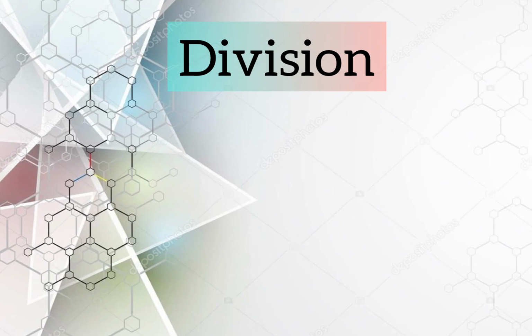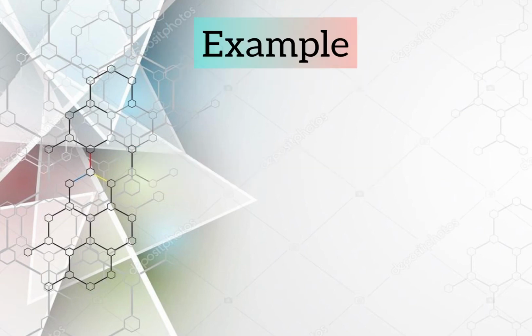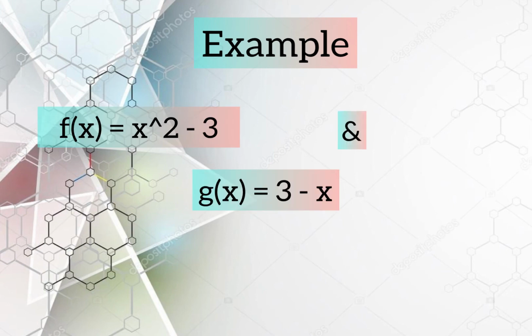Finally, the fourth category is the division, and the formula that represents it is parenthesis f divided by g parenthesis of x equal to f of x divided by g of x. Now let's do an example. So here we have f of x is equal to x to the second power minus 3 and g of x is equal to 3 minus x.